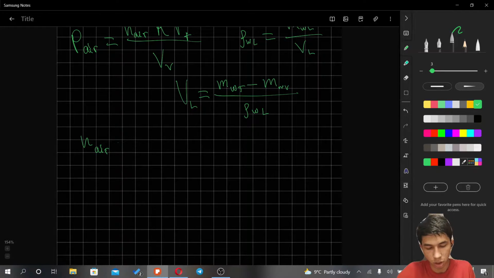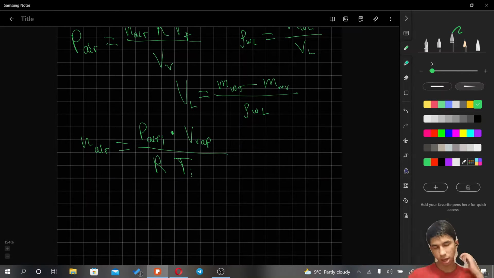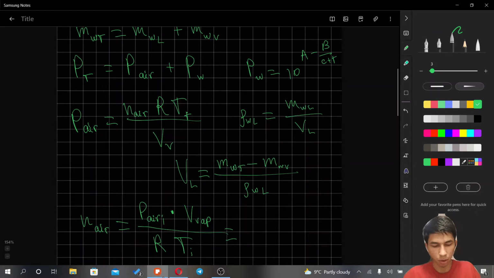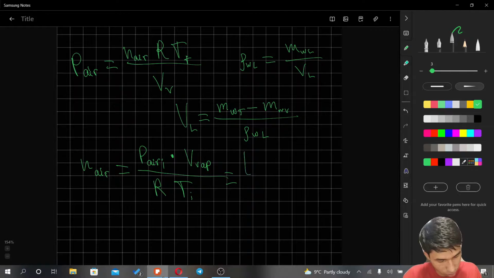We know that it is an ideal gas, so we can replace it with the pressure of the air initially multiplied by the volume of the vapor phase, divided by R and temperature in initial phase. And from that, we know that the pressure of the air would equal the pressure initial minus pressure of water initial.